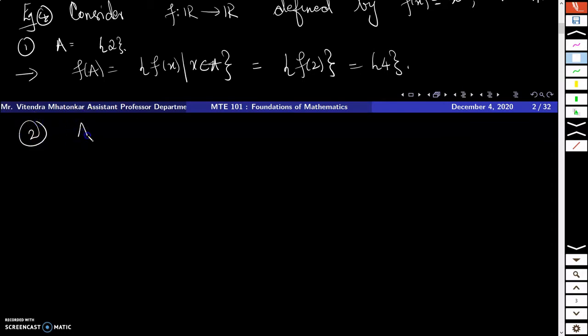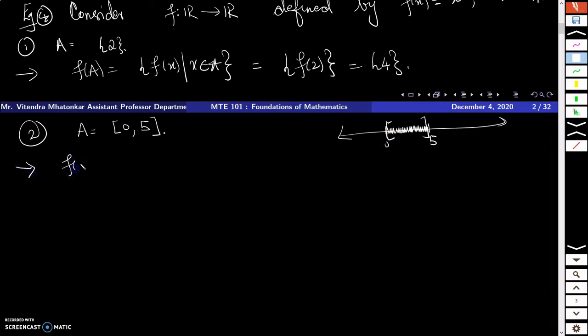If I take the set A to be this subset of R, let's say the closed interval 0 comma 5, then what will be the image of this set? So I'm having all these points in my set A, then what is f of A? Each point is mapped to its square.